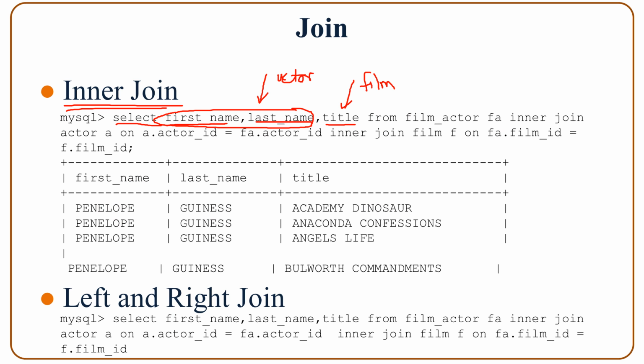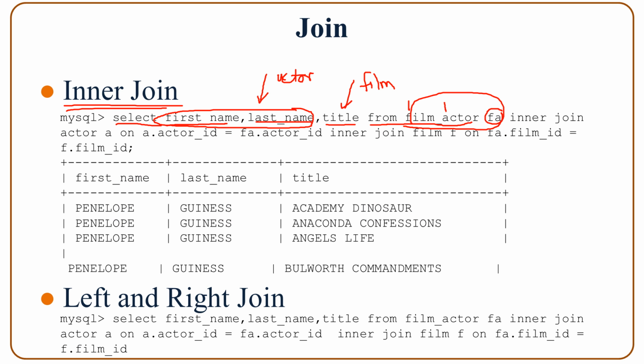And also I give the tables some aliases, because I want to write shorter code. So I give film actor the alias FA. So this table inner join with another table, inner join with actor, and the alias of actor is A. Inner join on what condition?